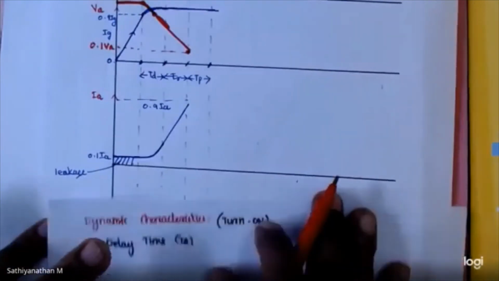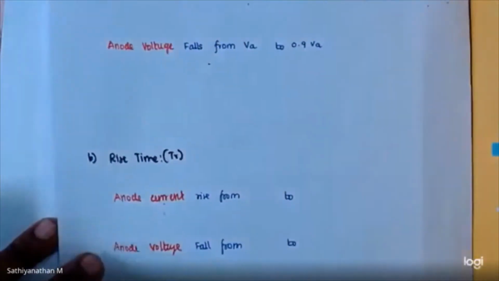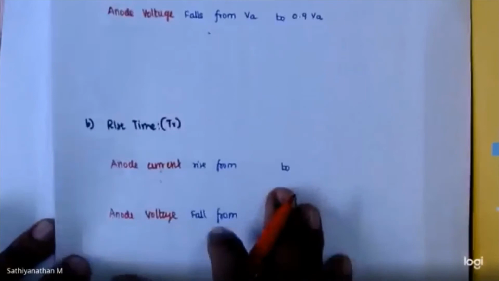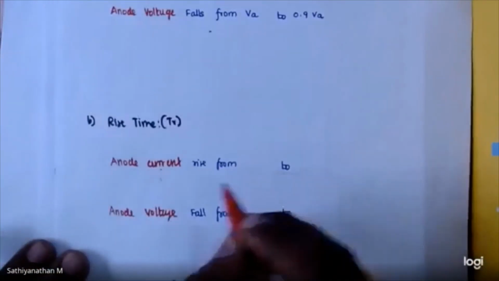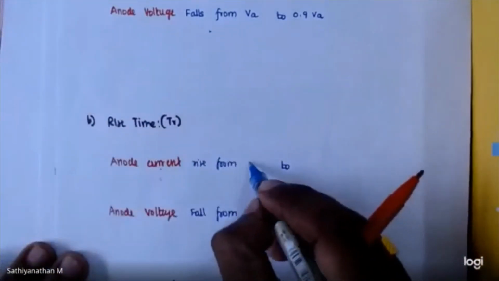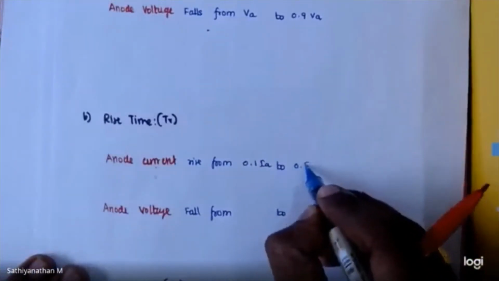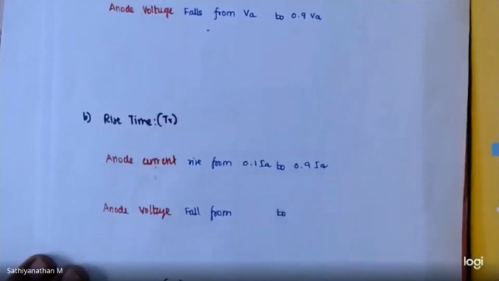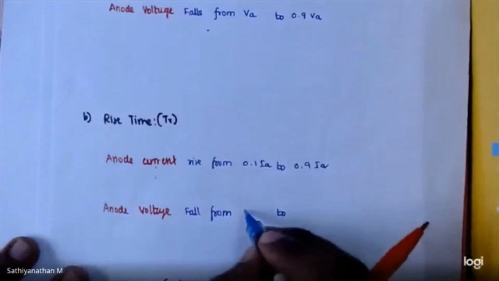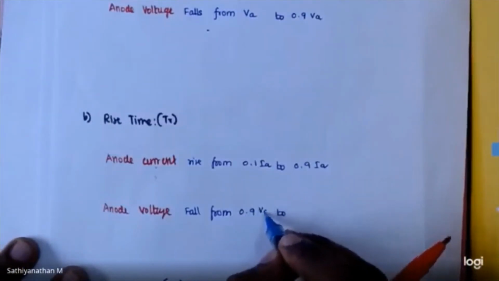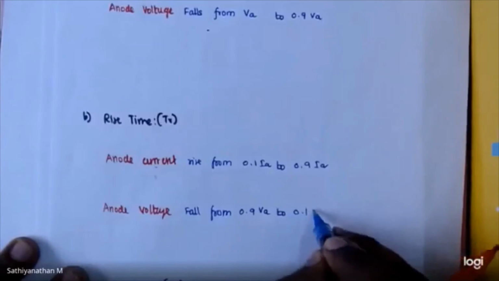Okay, so rise time is nothing but your anode current rises from 0.1 IA to 0.9 IA, and your anode voltage falls from 0.9 VA to 0.1 VA.